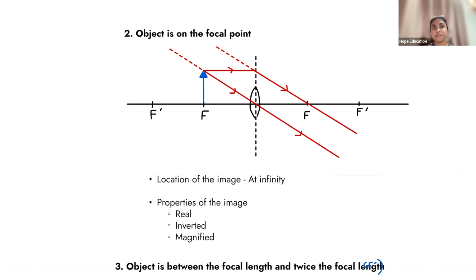Yes. Actually, yes, at the focal point. When the object is at the focal point, image will be at infinity. In the same way, if the object is at infinity, image will be on the focal point.